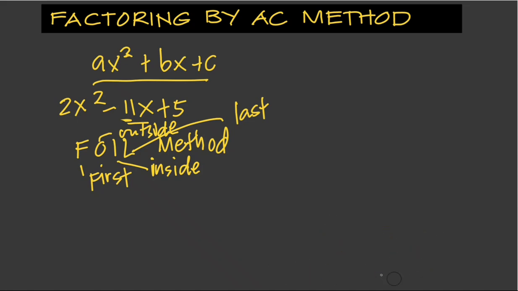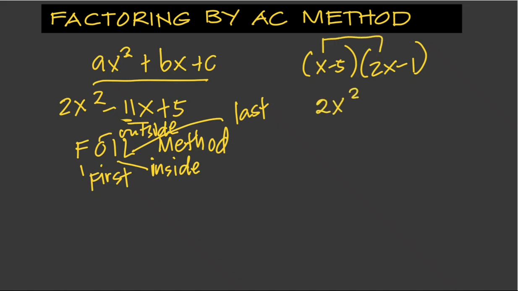So let's try multiplying them. That is x minus 5 times 2x minus 1. First terms: x times 2x is 2x squared. Then outside: x times negative 1 is negative x. Then inside: negative 5 times 2x is negative 10x.